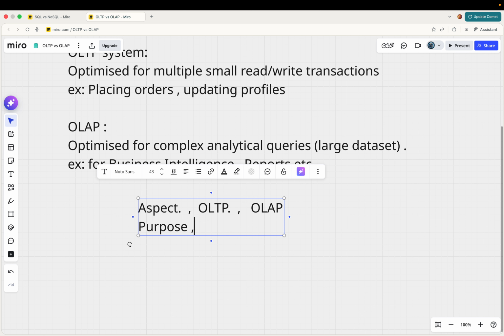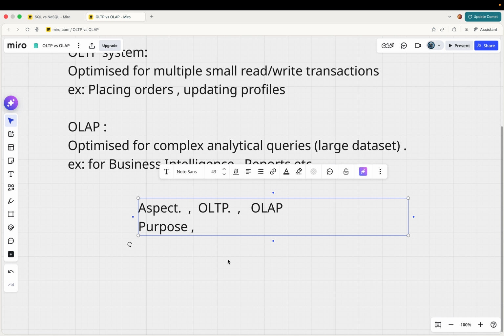Why do we use OLTP? It's simple, it's for day-to-day operations. Why do we use OLAP? Analysis and reporting.